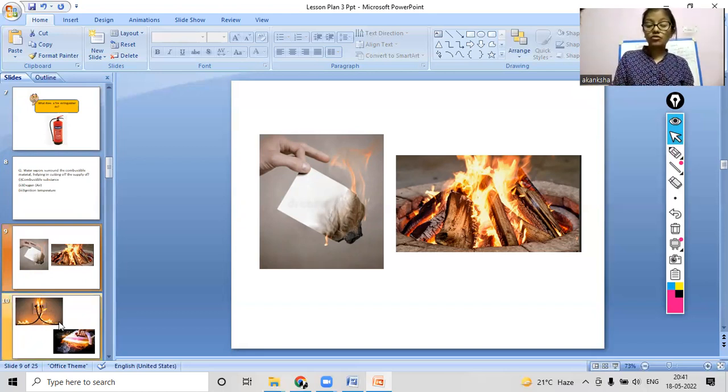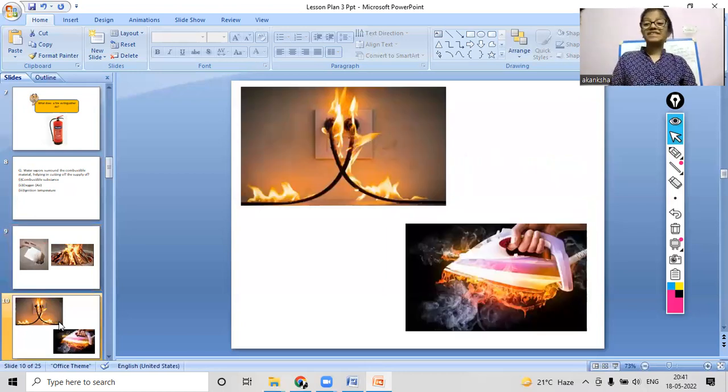Okay, so now we will move on to the second pictures and you have to first observe them and then tell me how we will extinguish the fire in these two things. Okay, I can see the responses. Yes, these are electrical appliances, electrical wires. They have caught on fire. So will you still use water to extinguish the fire?